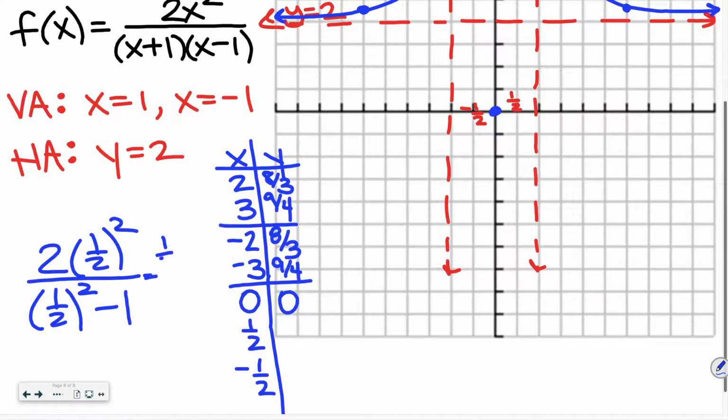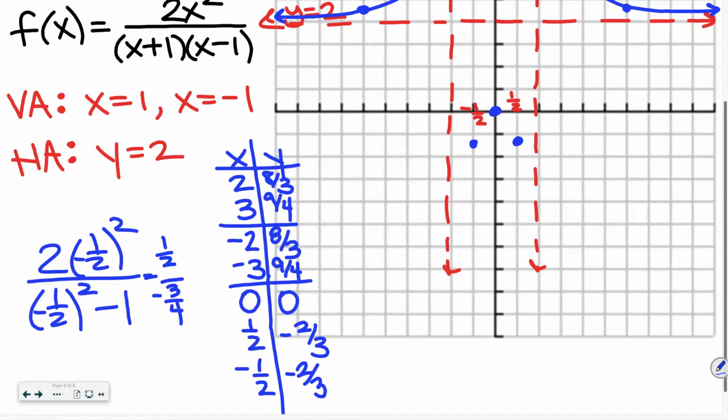This gives us 1/2 over -3/4, so -2/3. When we plug in -1/2, we get the same thing.